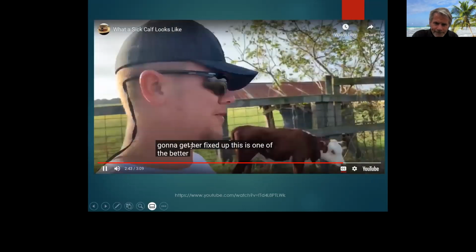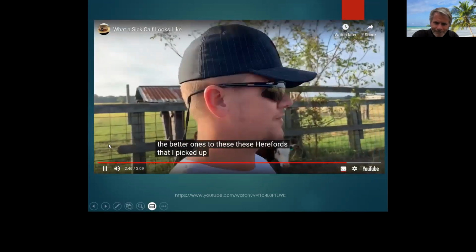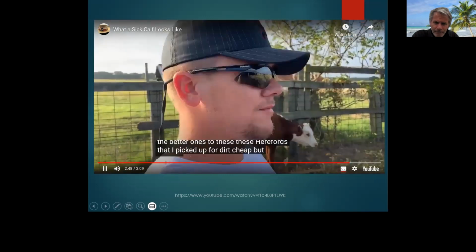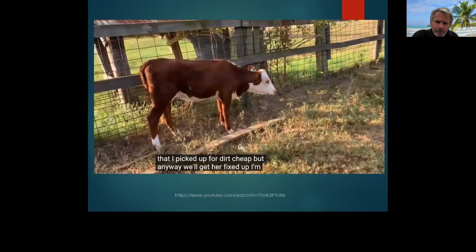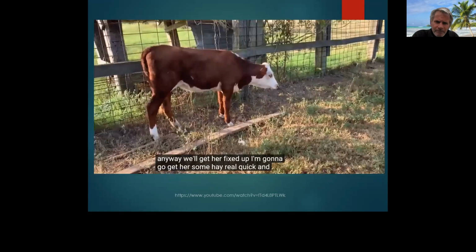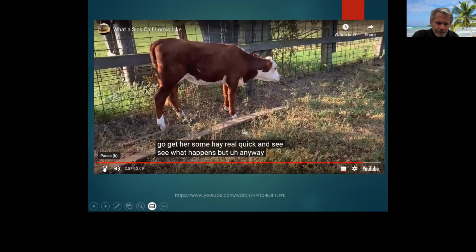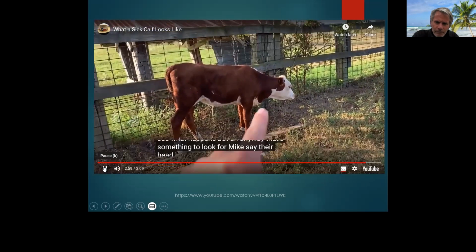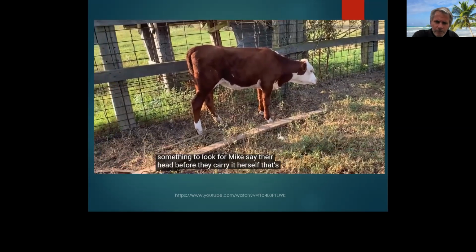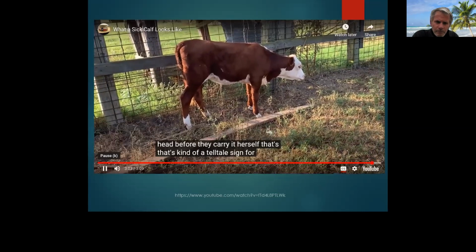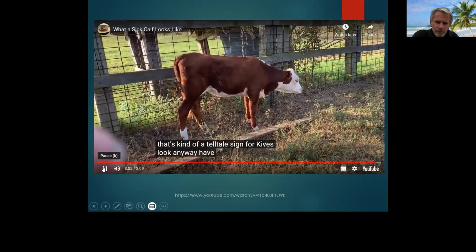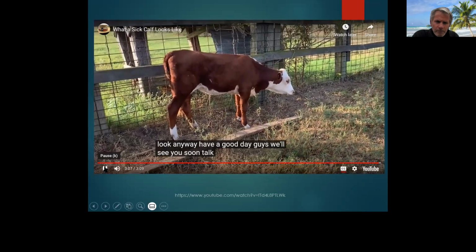This is one of the better ones too, these Herefords that I picked up for dirt cheap. I'm gonna go get her some hay real quick and see what happens. But anyway, that's something to look for: their head, where they carry themselves. That's kind of a telltale sign for kids. But anyway, have a good day, guys. We'll see you soon.